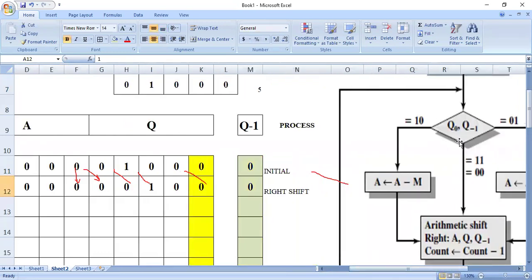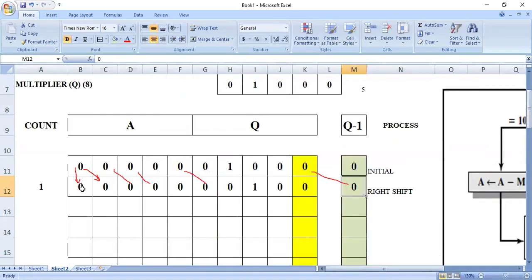Once again, what is the value for Q naught and Q minus 1? Q naught is 0, Q minus 1 is 0. If both are 0, I have to perform just a right shift. No need to add or subtract. The 0 will be given here, the same 0 will be forwarded to the next position also. This 0 will be given here, this A will be given here, and this Q will be given to Q minus 1.